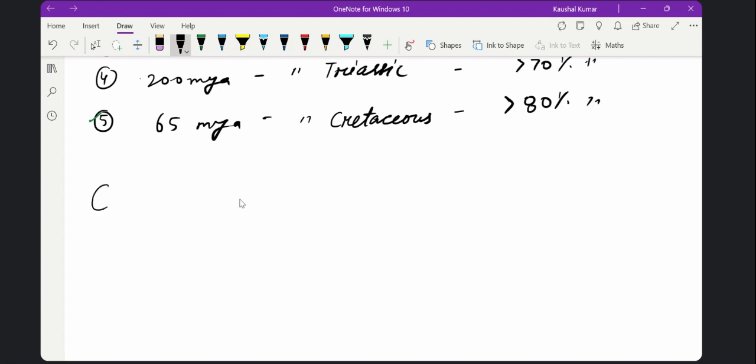The causes of mass extinction: first, extinction cannot be stopped, and it is a steady and slow process.